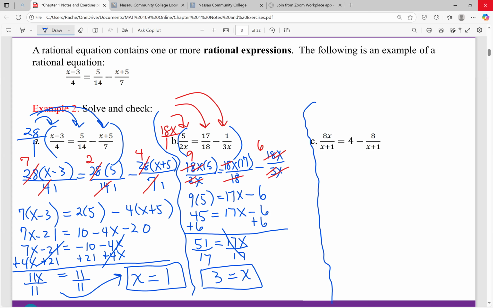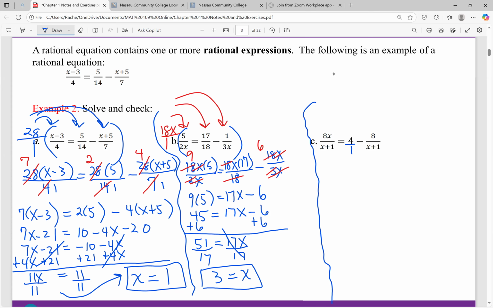Now let's look at one last example. For part C, we have 8x over x plus 1 is equal to 4 minus 8 divided by x plus 1. If it makes it easier for you, make that 4 over 1. This way we have all fractions and it's easy to see the denominators.